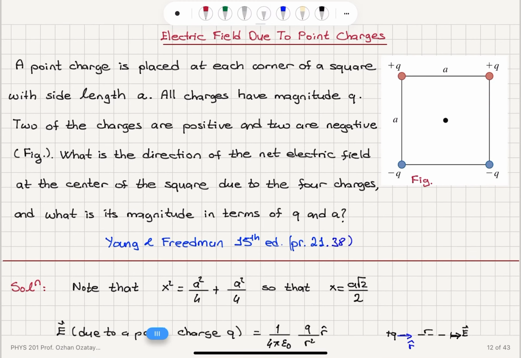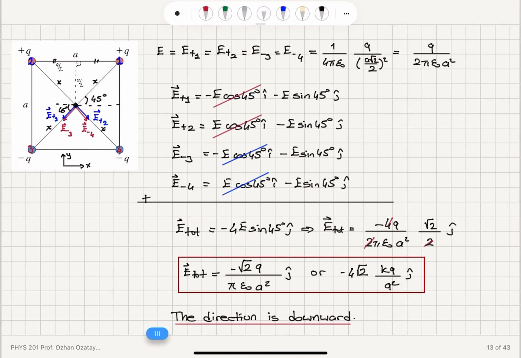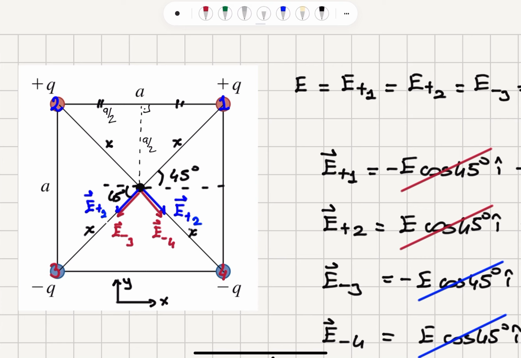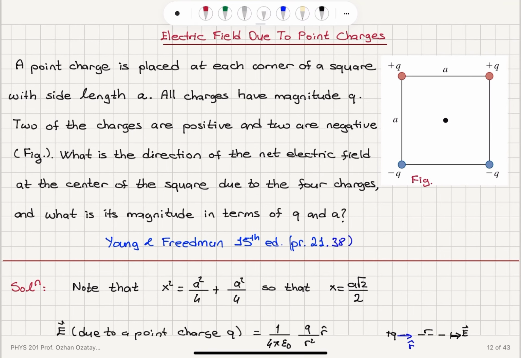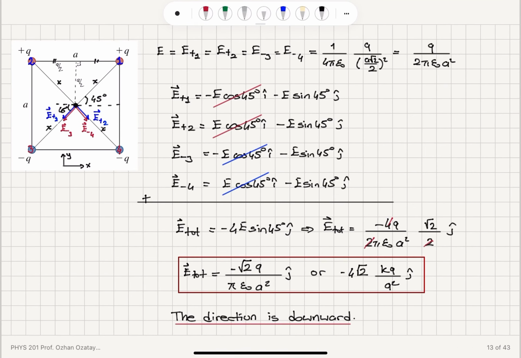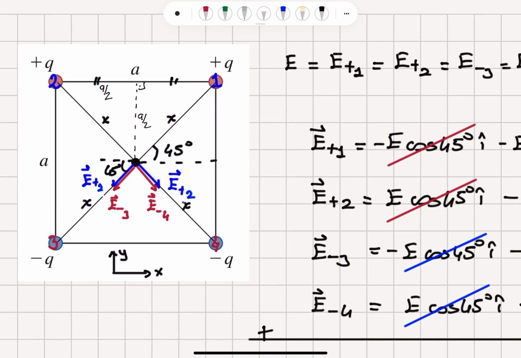So the first task is to find the distance between the point charges and the point of interest, and that distance is x, and that can be calculated using Pythagorean theorem for the right triangle here. We find x to be square root 2 over 2. And then we calculate the electric field due to charge 1, charge 2, charge 3, and charge 4 separately.